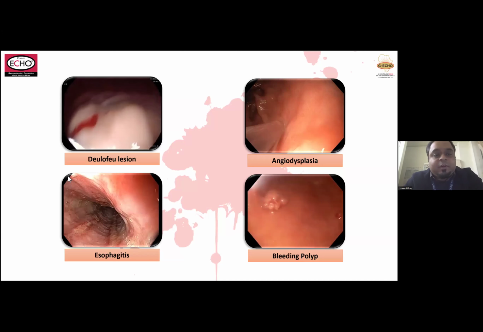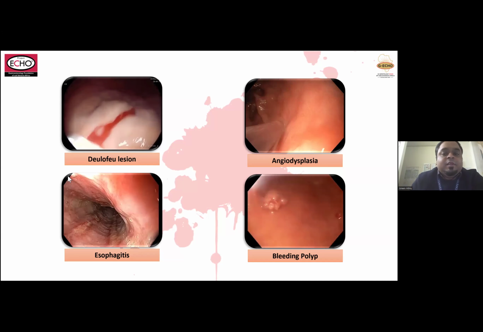Some of the other things we find when we go for an emergency scope would be Dieulafoy lesions. These are tortuous submucosal vessels that have ruptured into the stomach in the absence of ulcers. If you wash them, you can clearly see where the bleeding is coming from.